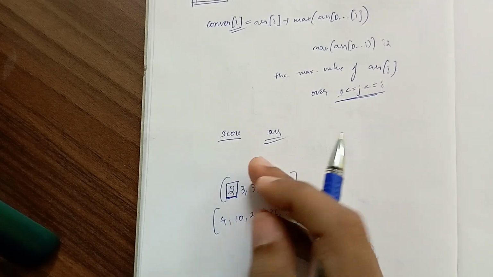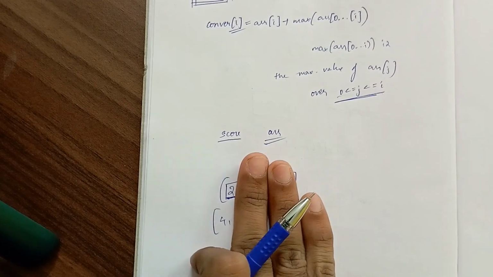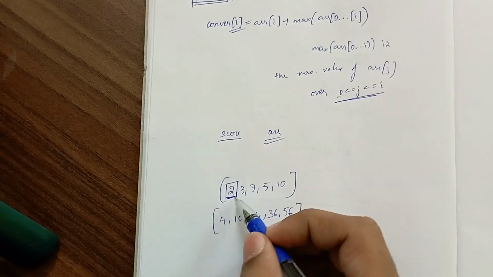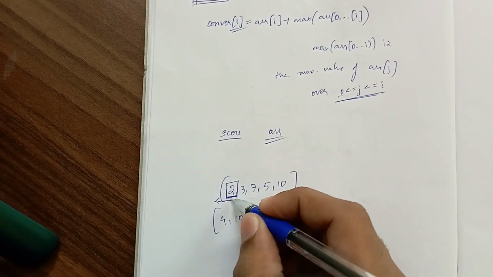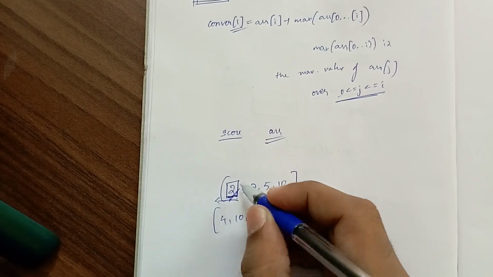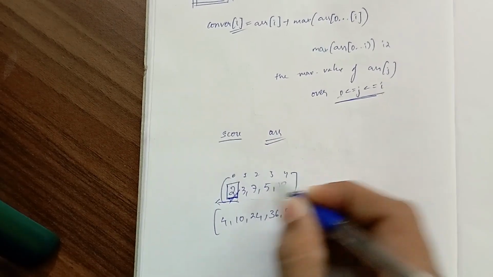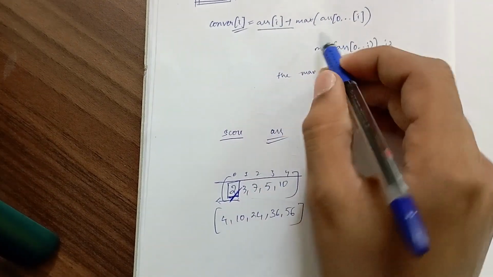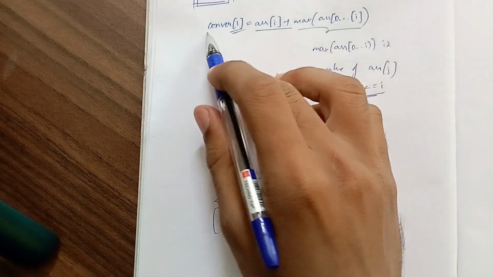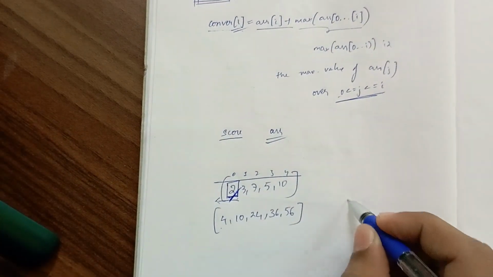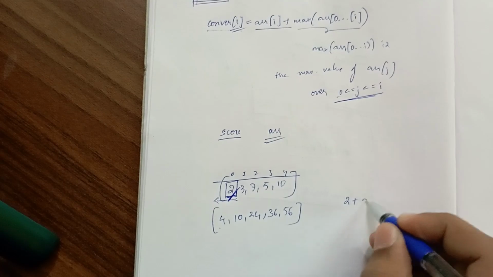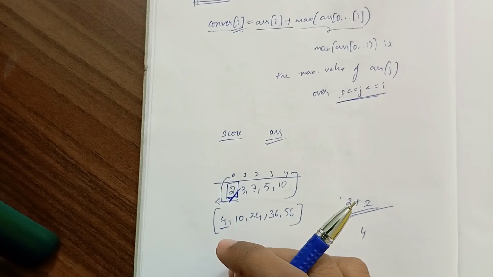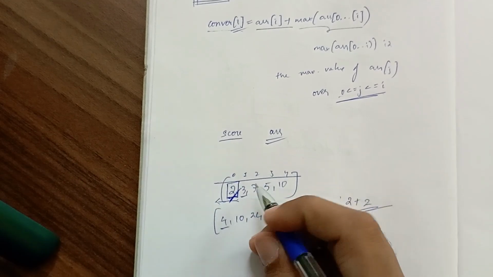The maximum element from the previous elements is 2, as these are indices 0, 1, 2, 3, 4. As I said, array of I plus maximum of array of I is the convert of I. So 2 plus 2 is 4. So we got 4.